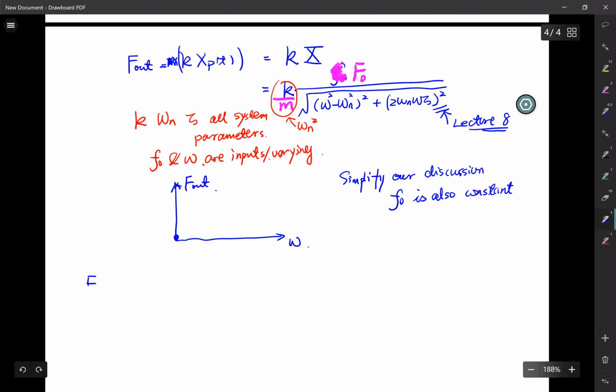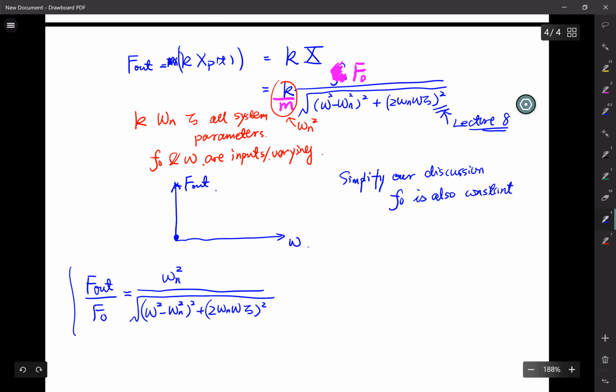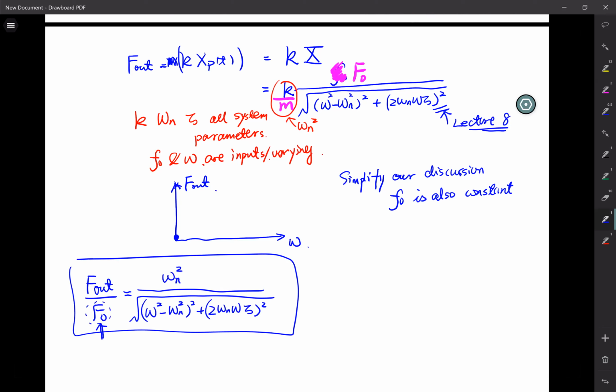We can write it as a ratio, F out over input force, F naught, generated by the person, equals omega n squared over omega minus omega n squared plus 2 omega n omega zeta squared. So this is how much force applied by the person, and on top, this is how much force experienced by the legs. Make sense?